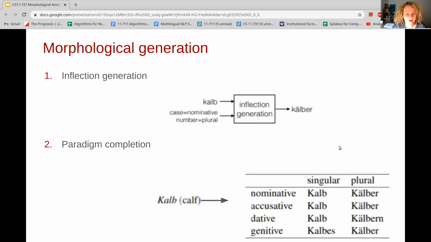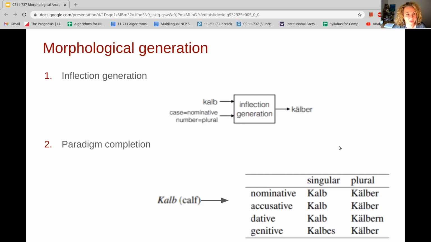Okay, so this was about morphological analysis. The second prominent direction of research focuses on morphological generation, in particular, inflection generation. There are two tasks. One is to generate a single inflection. Our input would be a lemma and grammatical features.